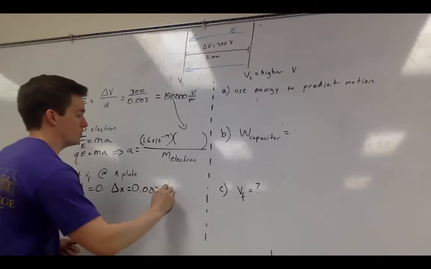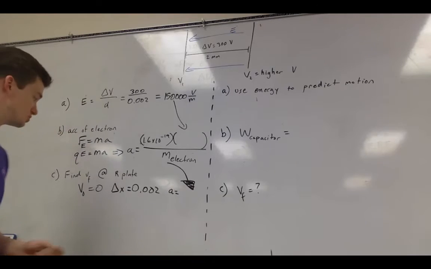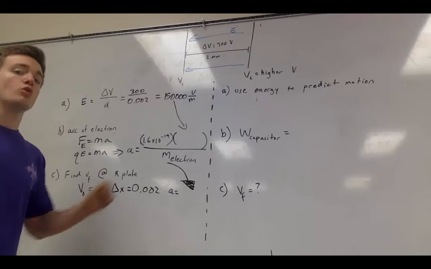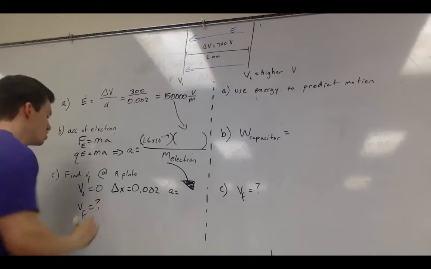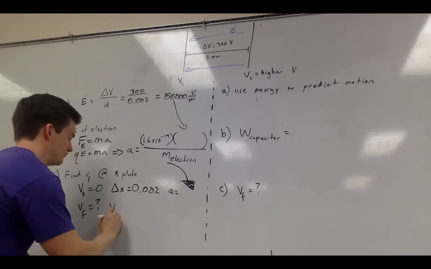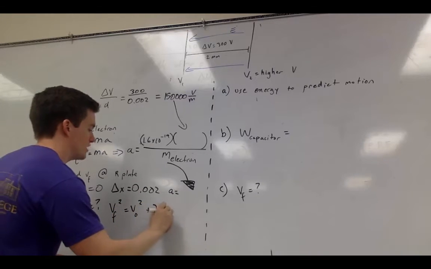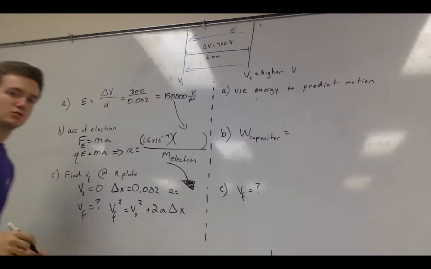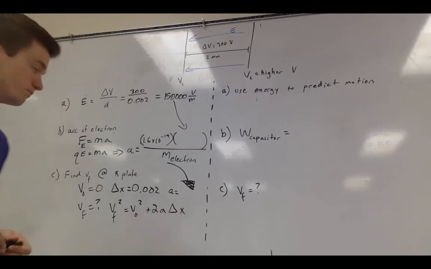And we also know the acceleration because we just found it. So we know that, we know that, we know that. We're trying to find the final velocity. We don't have anything about time in that equation, so we're going to say V final squared equals V naught squared plus 2a delta x. Plug and chug, solve for V final.